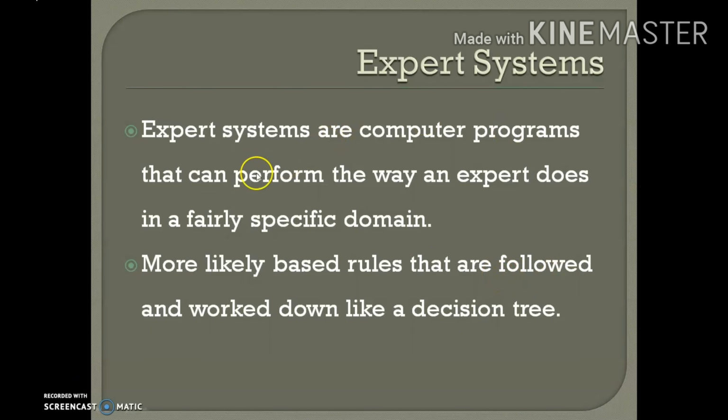Expert systems. These are also important in problem solving in computers. These are computer programs that perform the way an expert does in a specific domain. They are more likely based on rules that are followed and worked down like a decision tree. So, several programs were developed to diagnose various kinds of medical disorders like cancer.